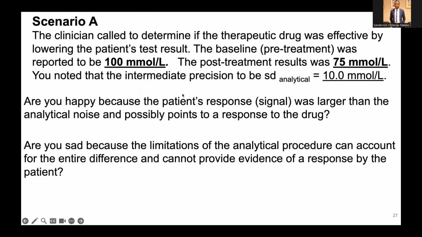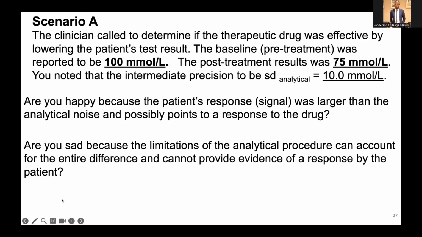I disagree in the sense that this is a sad situation, because if we look at the standard uncertainty is 10 millimoles per liter. So using the rule of 3, we will multiply that by 3 to have an expanded MU of 30 millimoles per liter.